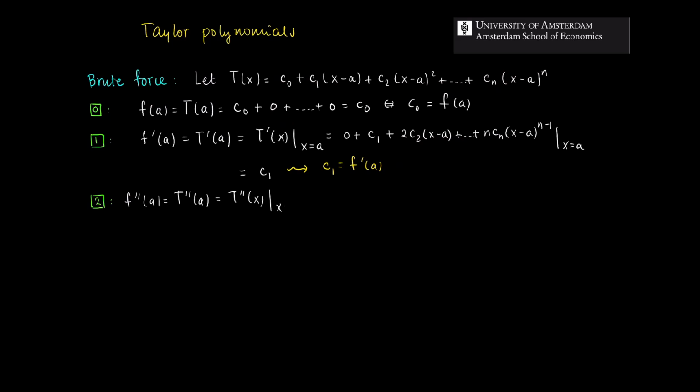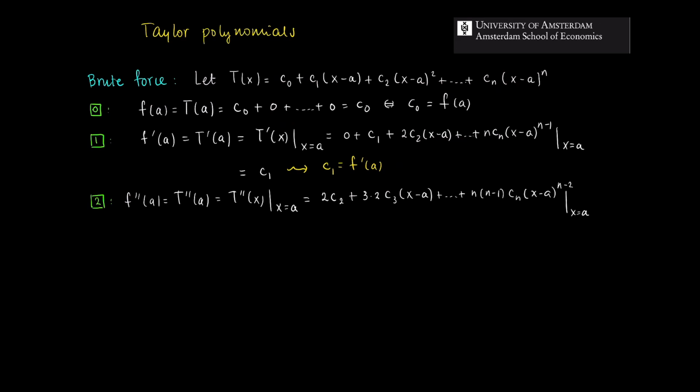Again, we use the same procedure, right? So we first calculate the second order derivative of t and then plug in x equals a. So that means that now we get 2c2 plus 3 times 2 c3 times (x minus a) plus ... plus n times (n minus 1) cn times (x minus a) to the power n minus 2, right?